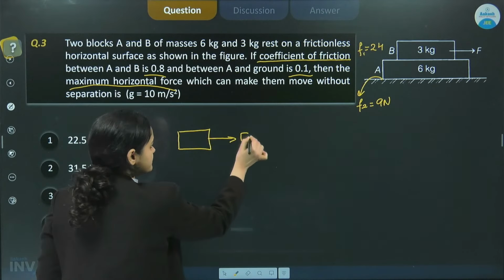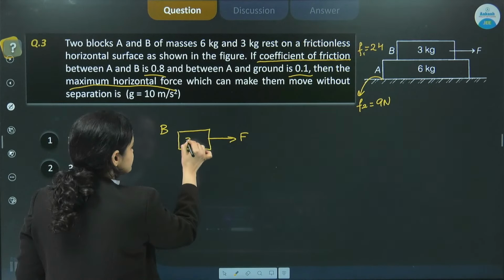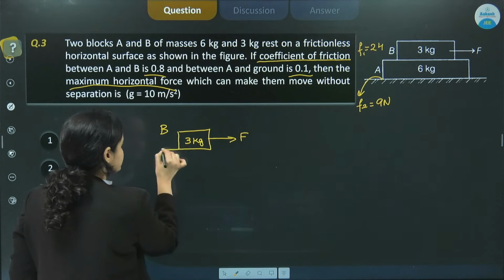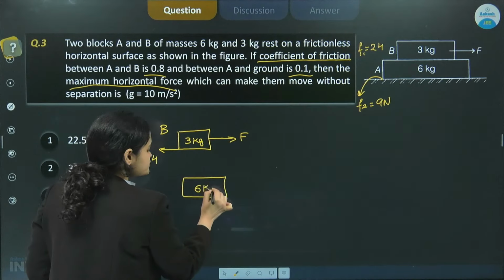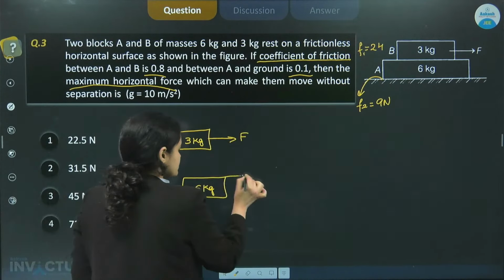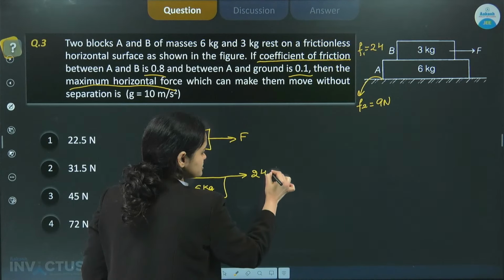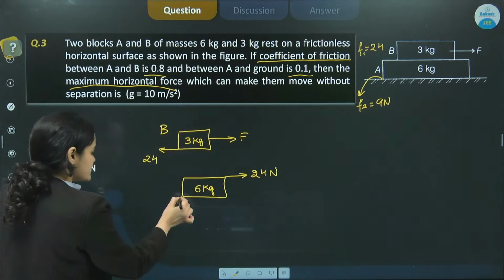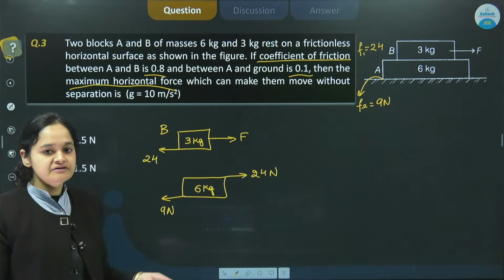Because B's acceleration can be anything, because the external force is directly acting on it. But the force which is responsible for the movement of the 6 kg is only friction. The maximum value of the static friction is 24 newtons, and here there will be 9 newtons, which is the opposing force given by the ground.